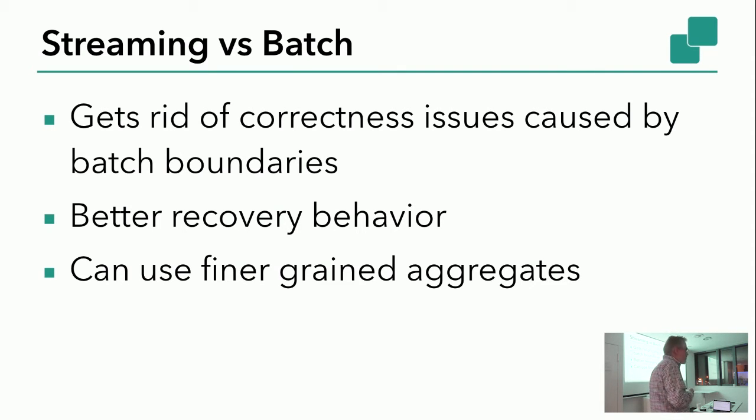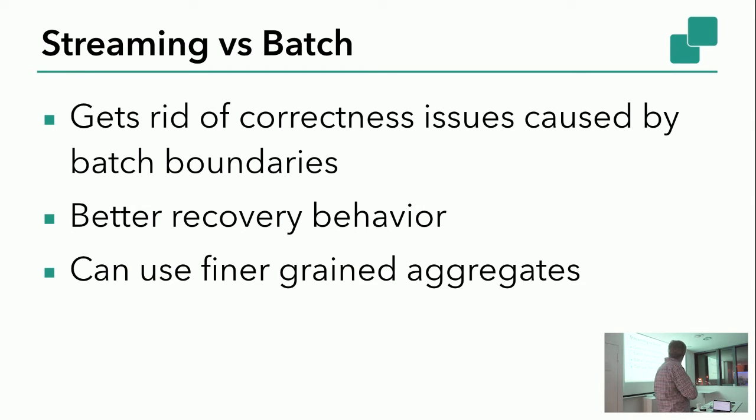With Flink, we also get better recovery behavior. Twitter was actually doing daily processing of these tweet impressions because they couldn't get enough bandwidth to Redis to do it hourly. And if the daily job died somewhere along the way, that was a problem, because it took most of the day to run and load its results into Redis.